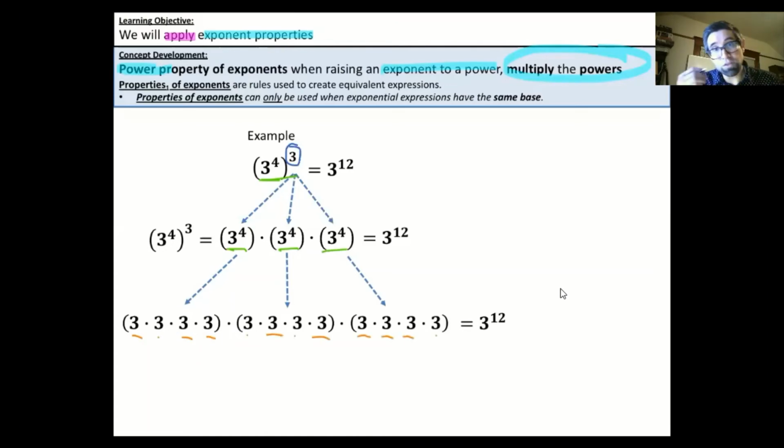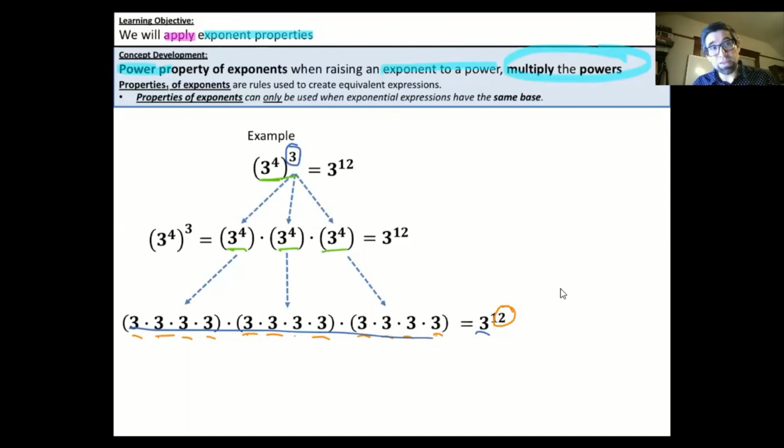I have 12 3's being multiplied here. And I can rewrite that as an exponential expression, 3 to the 12th power. If there are 12 of these 3's, that's where this 12 comes from. And the base was all 3. So the base was 3.